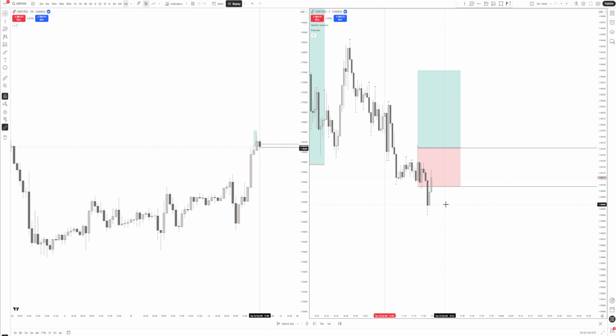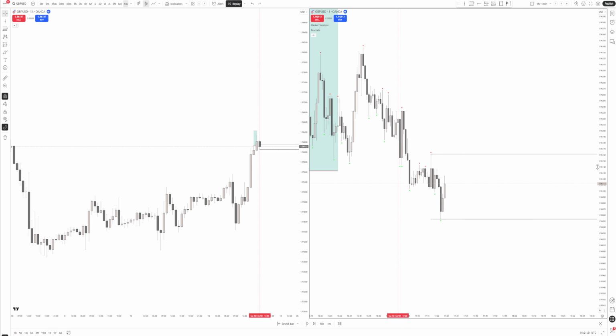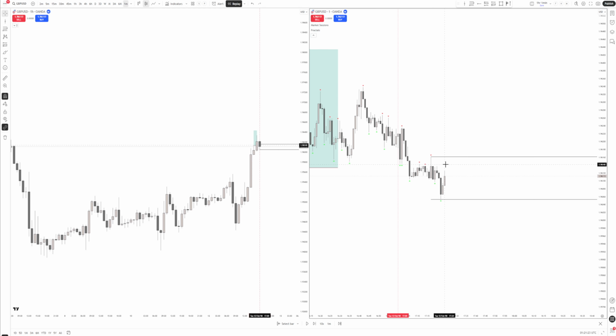So now that price seems to be breaking these levels, let's move that across. And if we get a break above, then I'll enter the trade. If not, I won't. There you go. Buy stops in place.